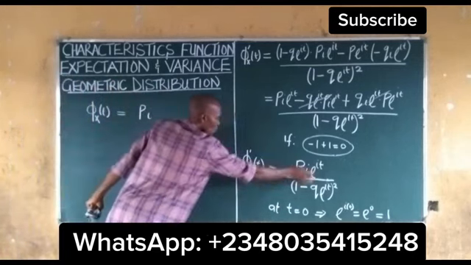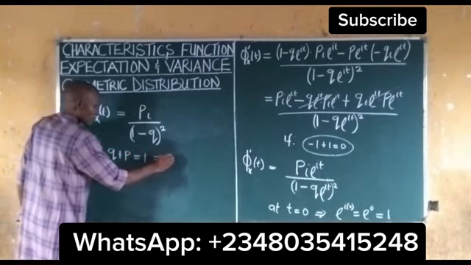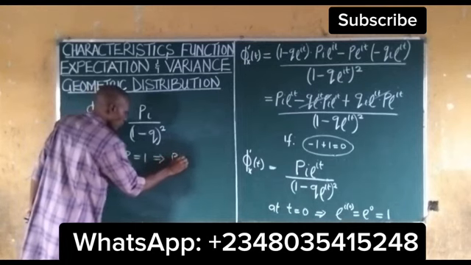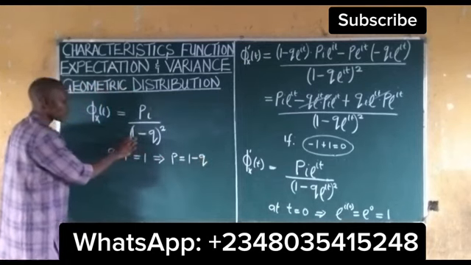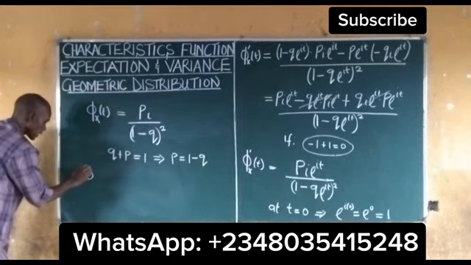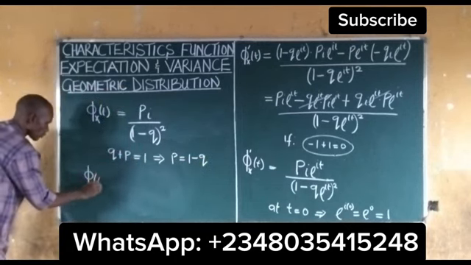From probability, we know that q plus p is equal to 1, which implies that p is equal to 1 minus q. So anytime we see 1 minus q, we put p. It then means that our first derivative is equal to p i all over p squared. Of course, if this cancels this, we have i all over p.